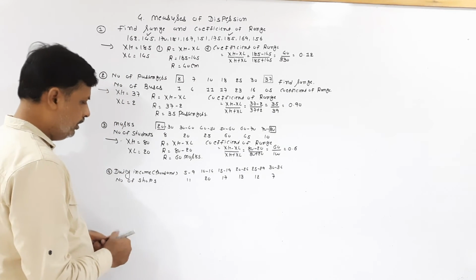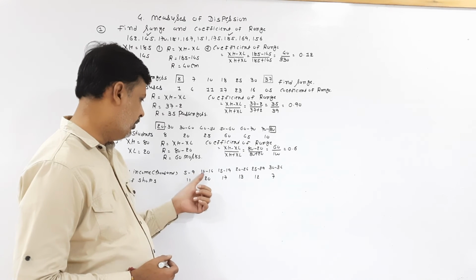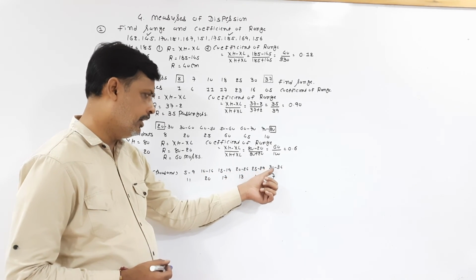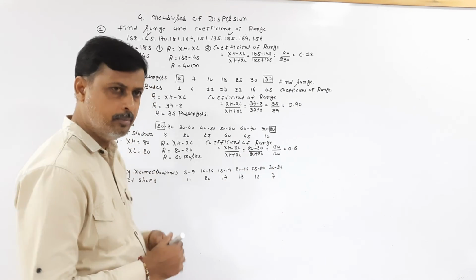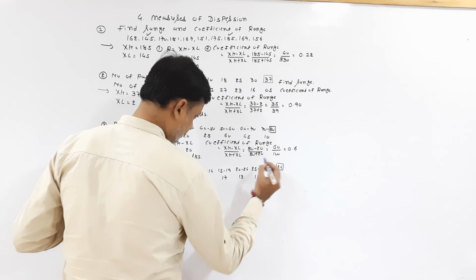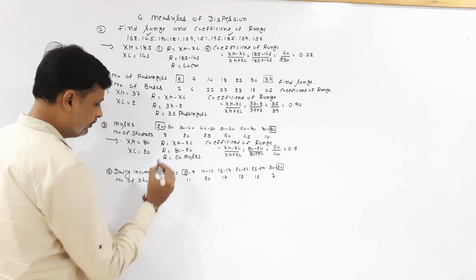Now in this example, income in 1000: 5 to 9, 10 to 14, 15 to 19, 20 to 24, 25 to 29, 30 to 34. So highest observation, that is 34, and lowest, that is 5.